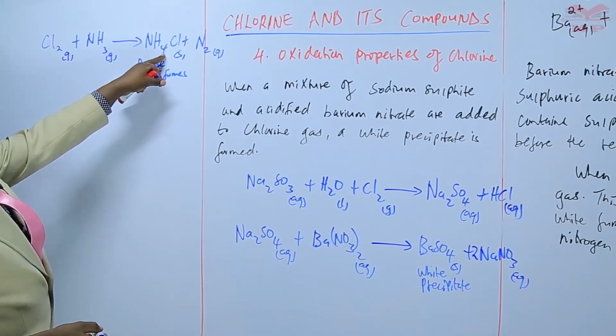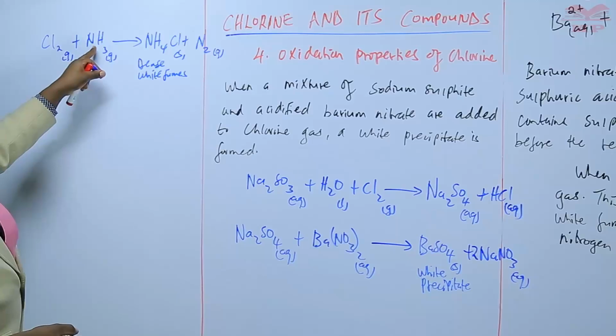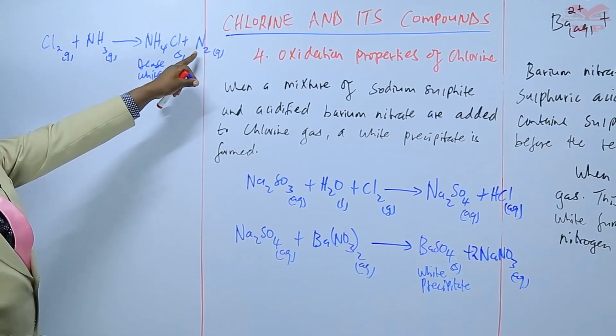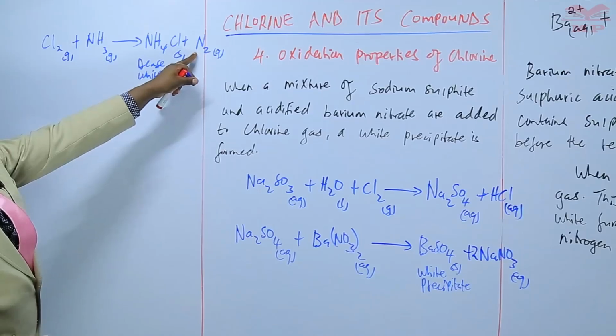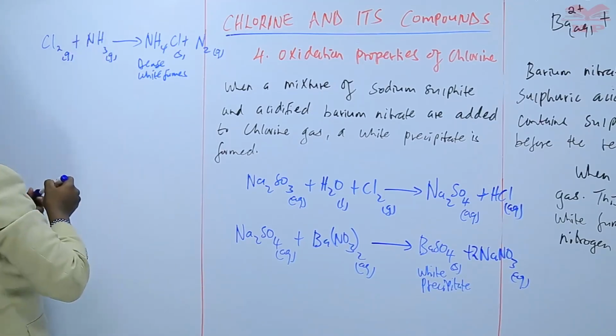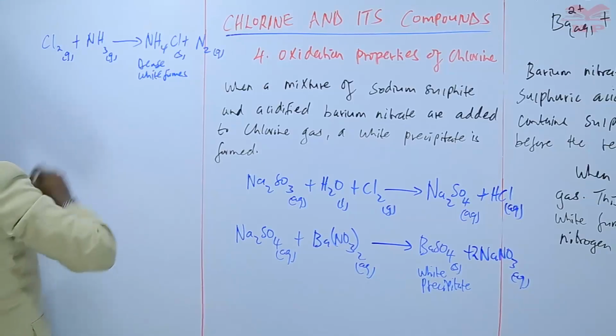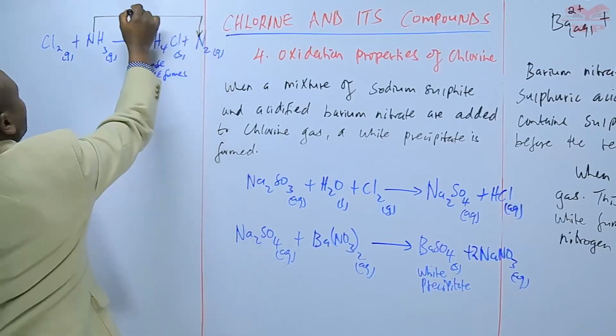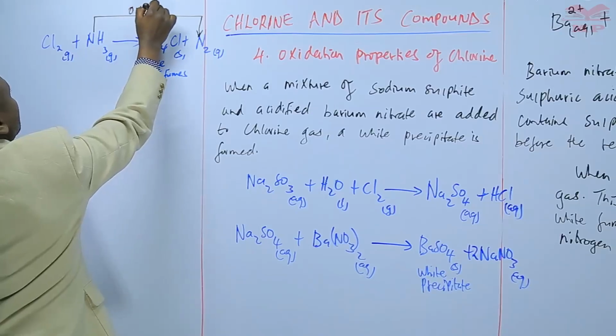So what actually happens here, and then the ammonia itself is oxidized to nitrogen because there is loss of hydrogen. So the change here, the change from ammonia to nitrogen, that one is an oxidation.